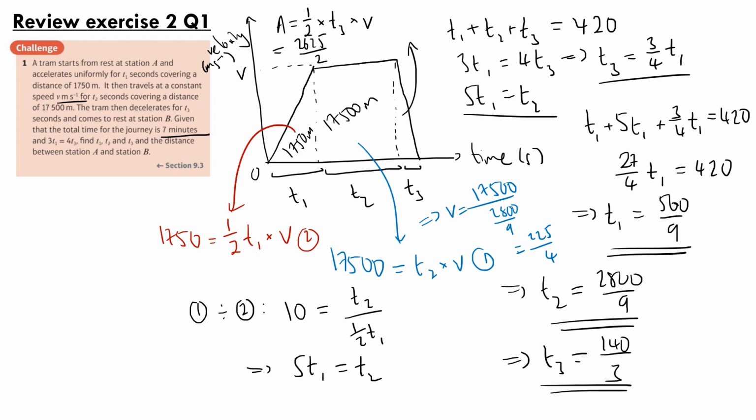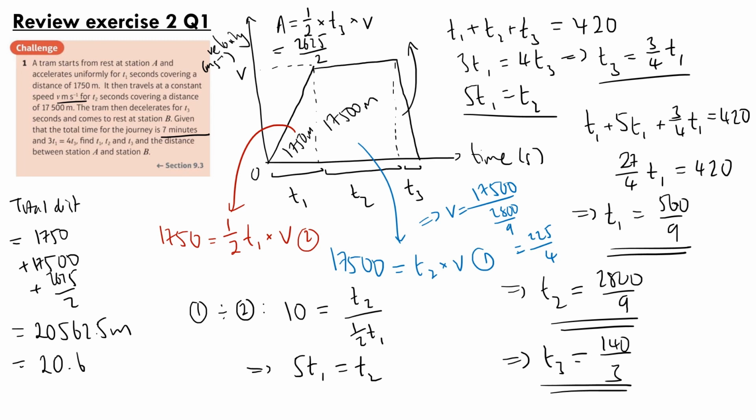So the total distance between station A and station B is equal to 1,750 plus 17,500 plus 2,625 over 2. And putting that into your calculator, you get 20,562.5 meters. And so that is equal to 20.6 kilometers to 3 significant figures.